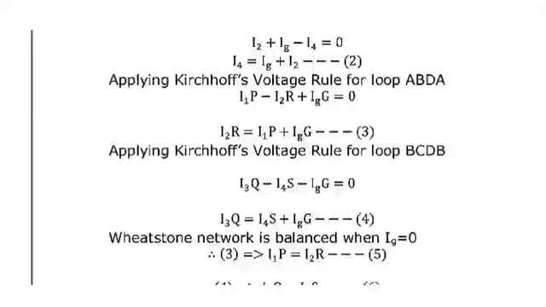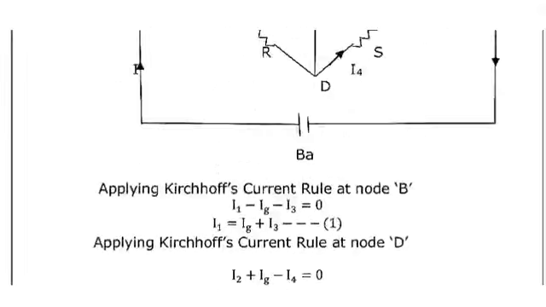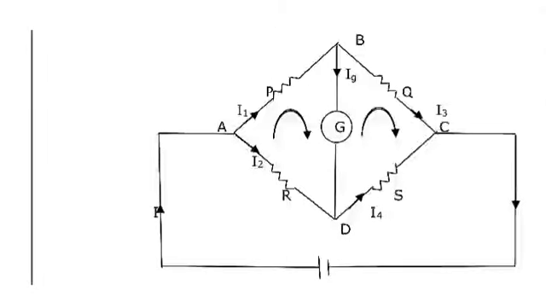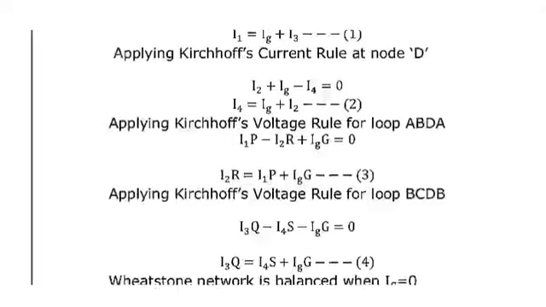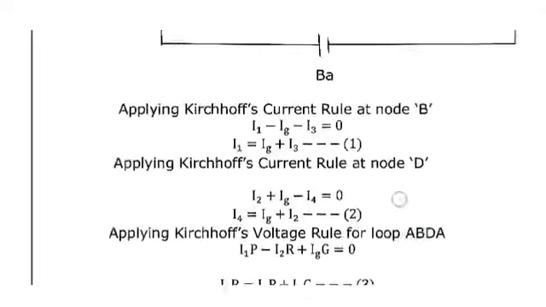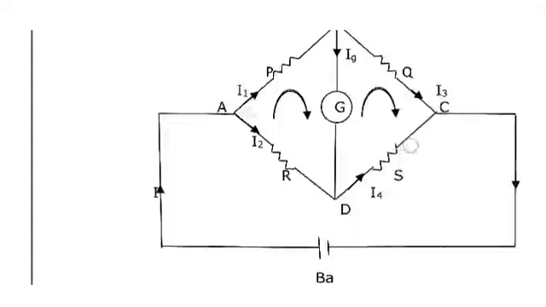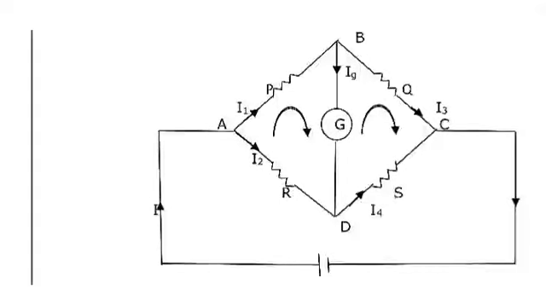First I wrote current entering, that is I1 into P. Then for I2, the current is leaving the circuit, so it is minus I2 into R. Then finally the current through the galvanometer is entering the circuit, that arrow mark represents current entering the circuit.